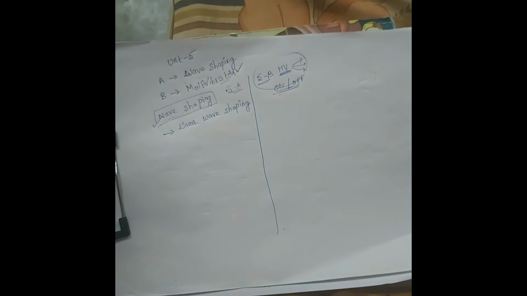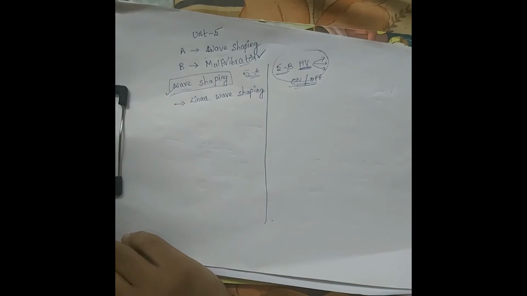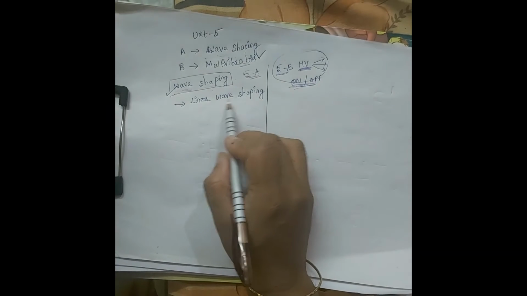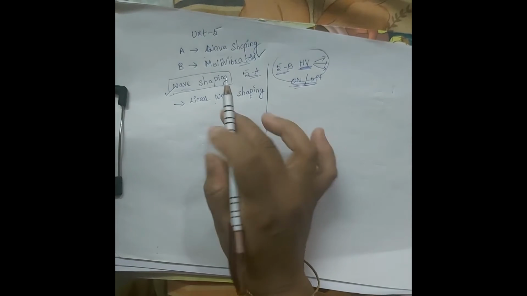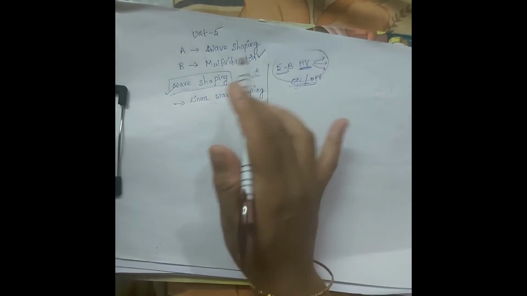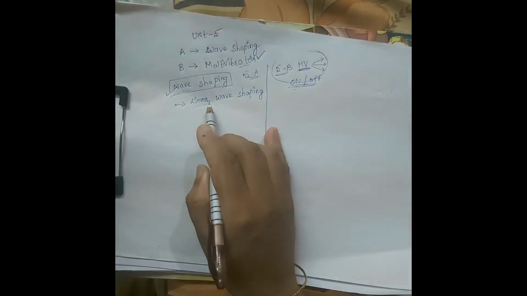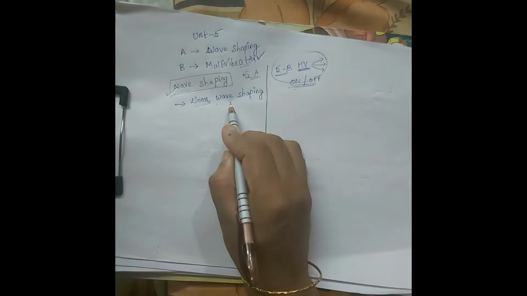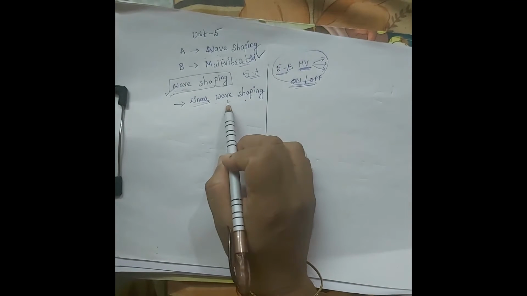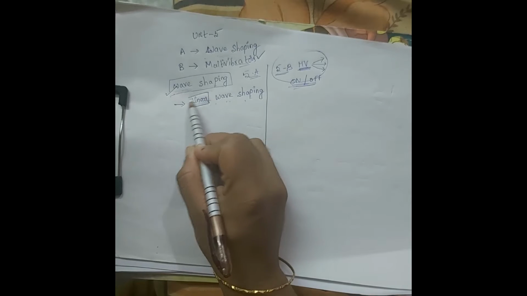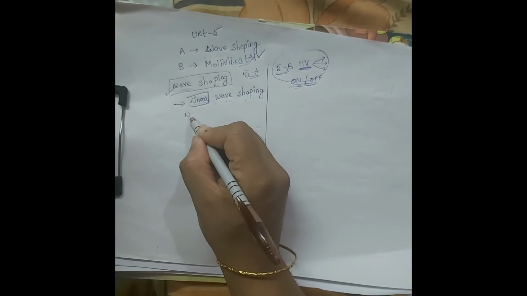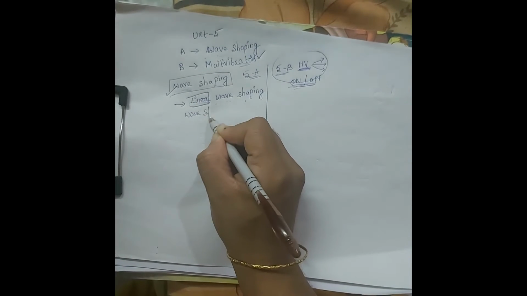Linear wave shaping. What is linear wave shaping? We know the process of alteration of the shape of a waveform is called wave shaping. Then what is linear wave shaping? The process of alteration of the shape of a waveform by means of a linear network.